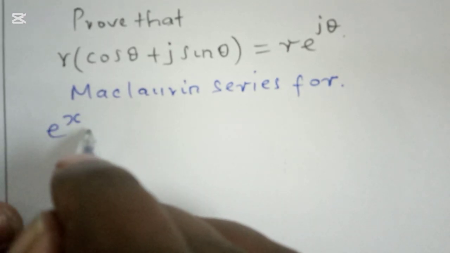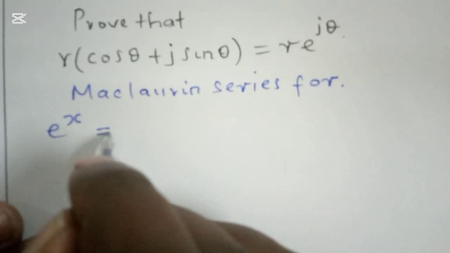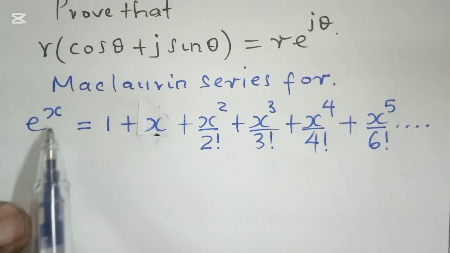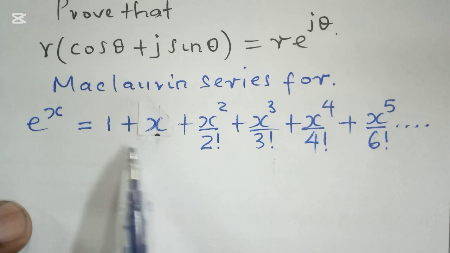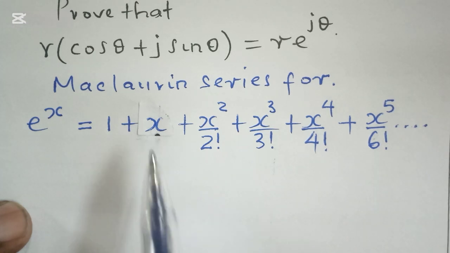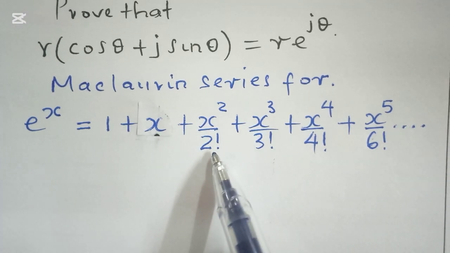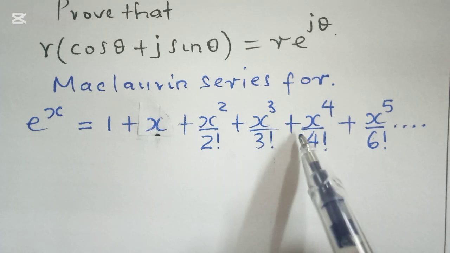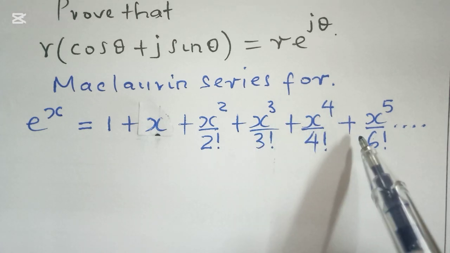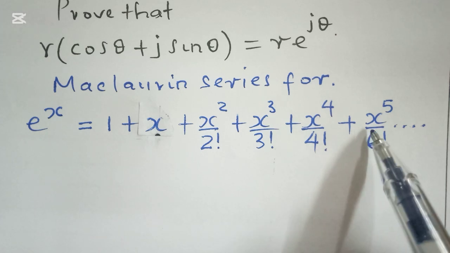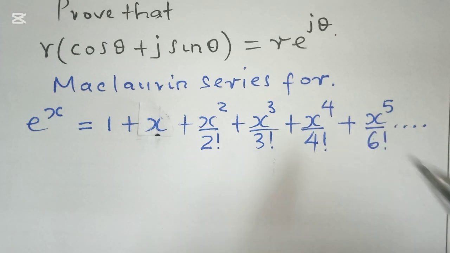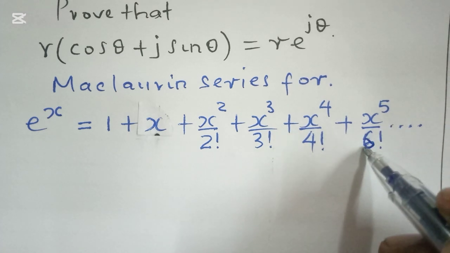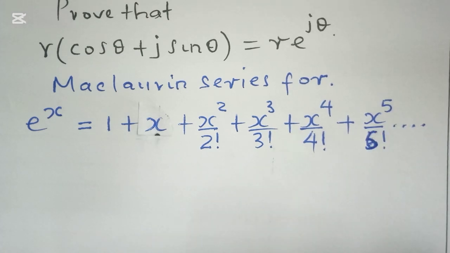The Maclaurin series for e raised to x is given by 1 plus x plus x squared all over 2 factorial plus x cubed all over 3 factorial plus x raised to 4 over 4 factorial plus x raised to 5 all over 5 factorial. So I correct myself there.